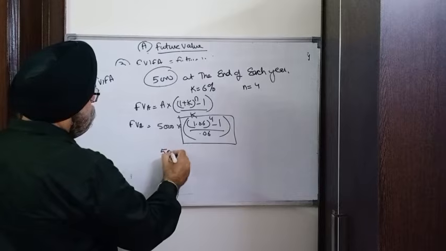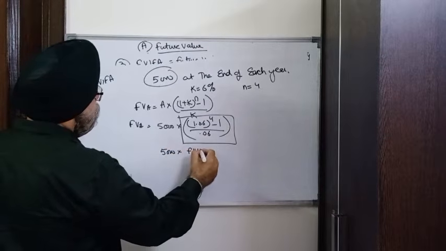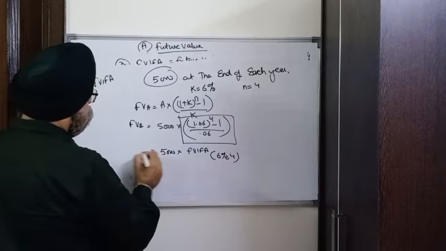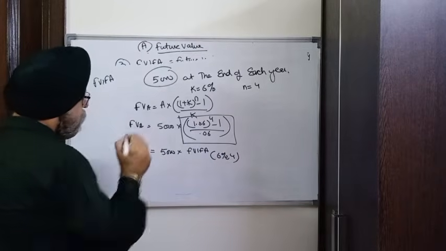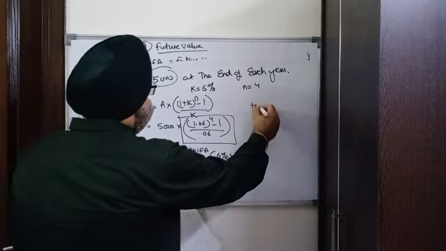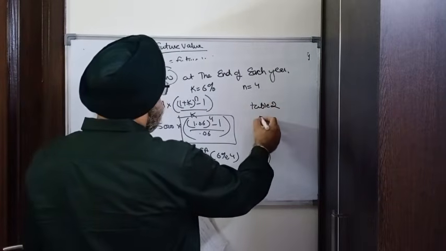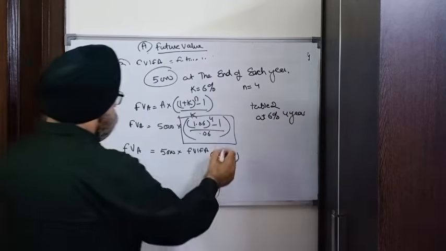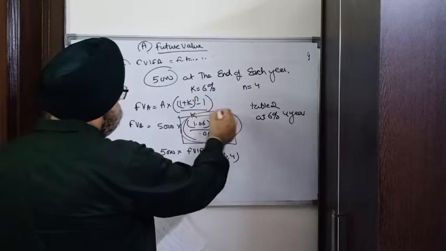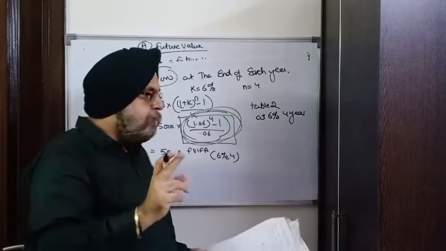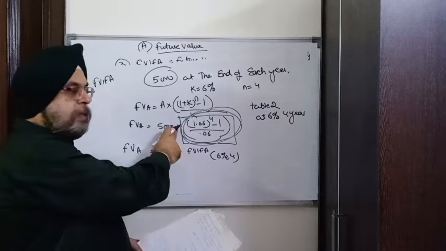Kindly use the table: FVIFA 6%, 4 is equal to the future value annuity factor. Now the value in table number 2 at 6%, 4 years, you will see the value of this whole statement. Please never divide it. You have to multiply it with the annuity.